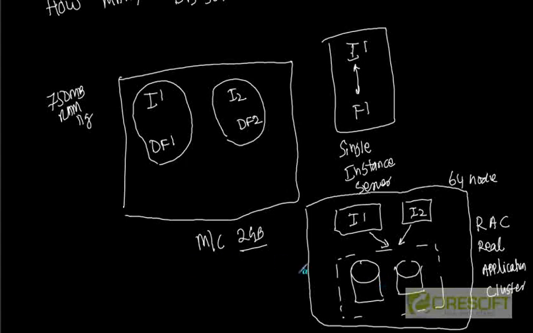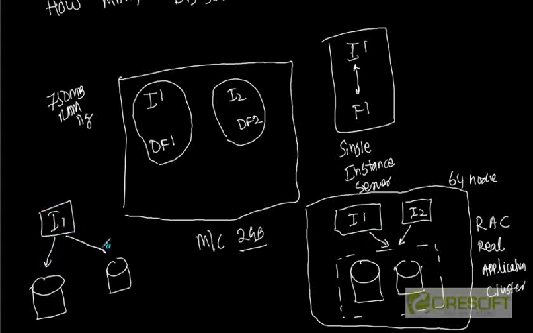However, you might have another question: can I have two database file systems attached to one instance? The reverse of this, one instance with multiple database file systems? No, that is not possible.